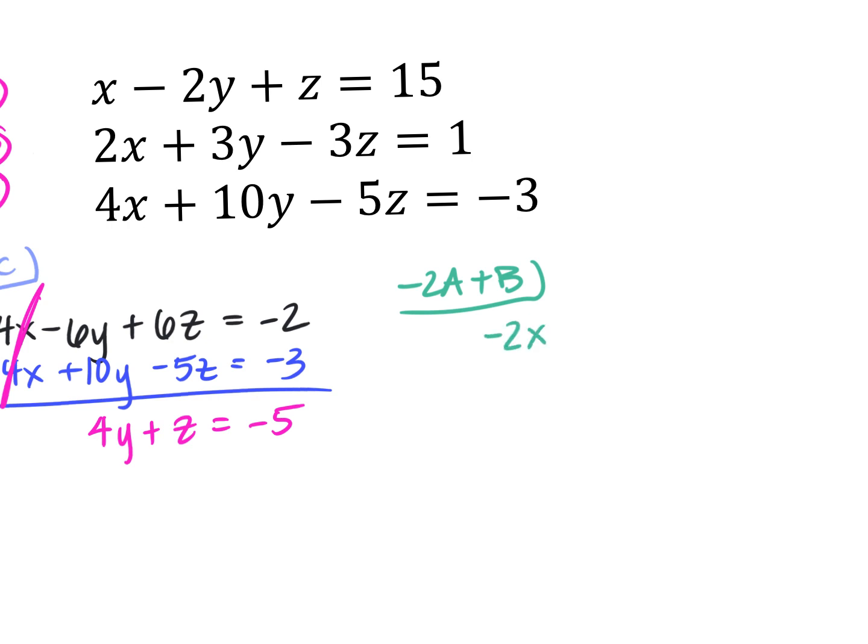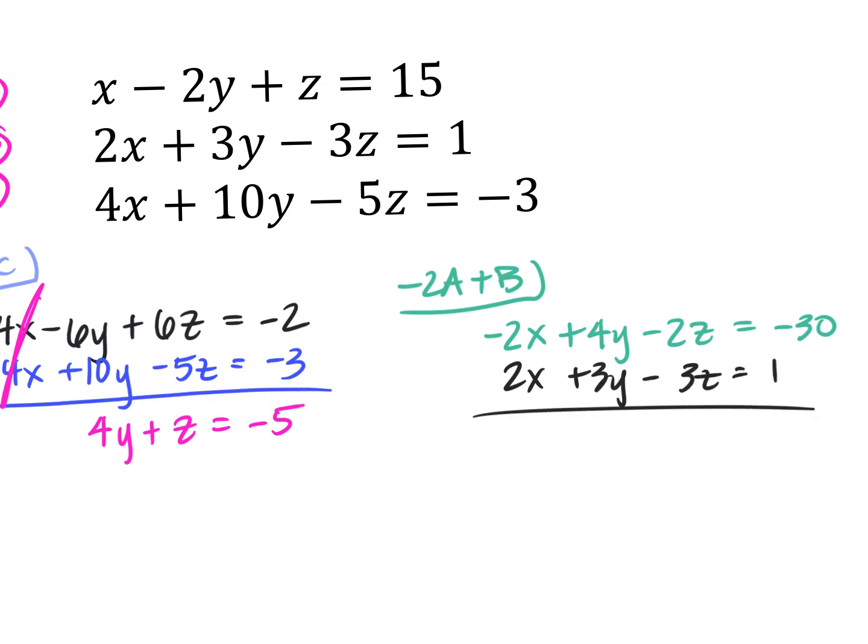How many Y's? Plus 4 Y's. 6Z. No, -2 Z's. Careful. What's that going to equal? -30. -30. Thank you so much. I get so nervous about the negatives. I'm going to throw B underneath it. I'm going to add them up.